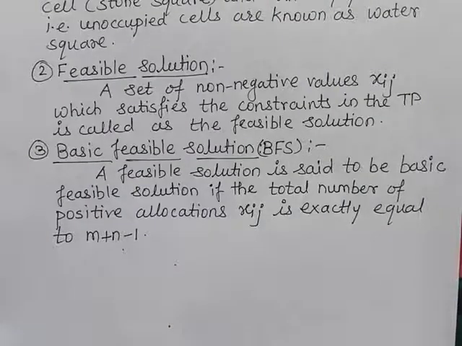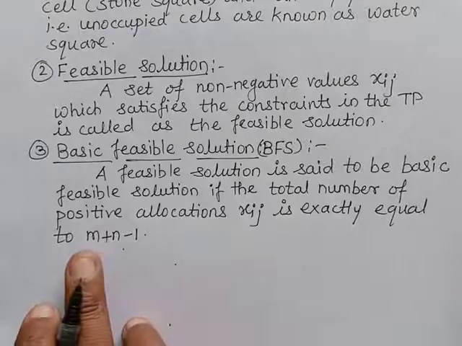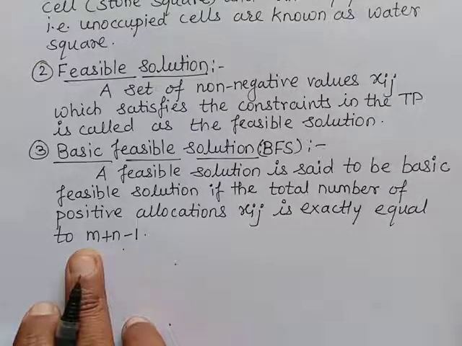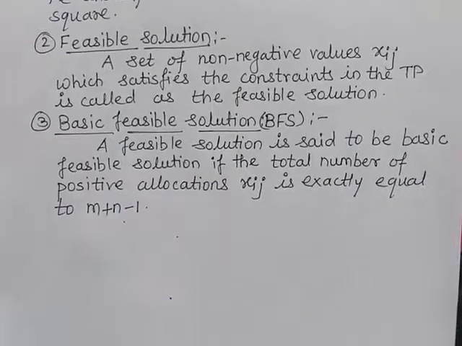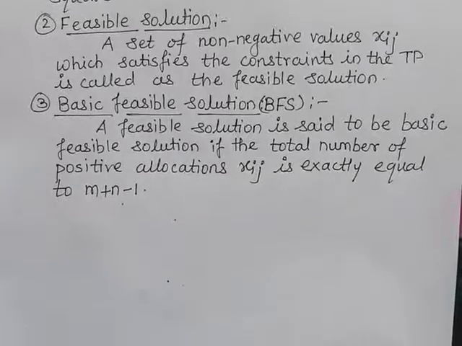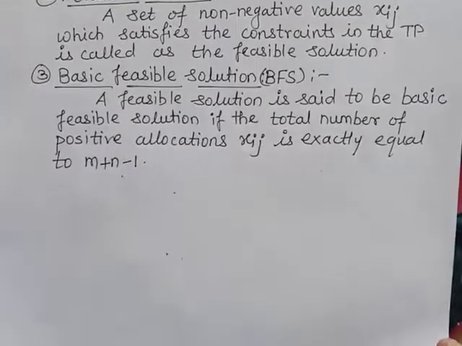While finding these allocations, we will check whether that is equal to number of columns plus number of rows minus 1 or not. If it is, then we name it a basic feasible solution.